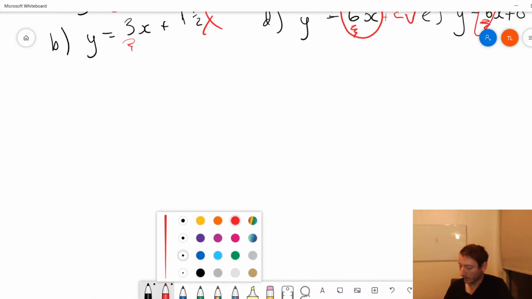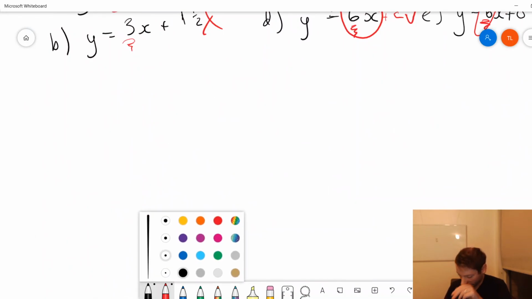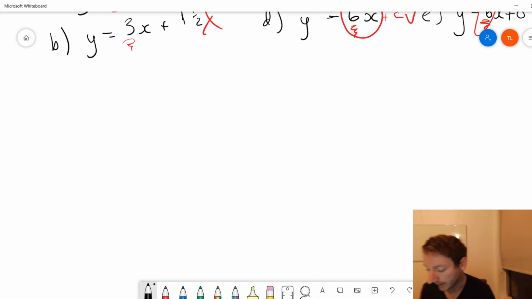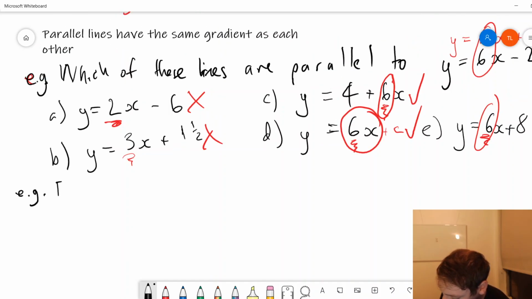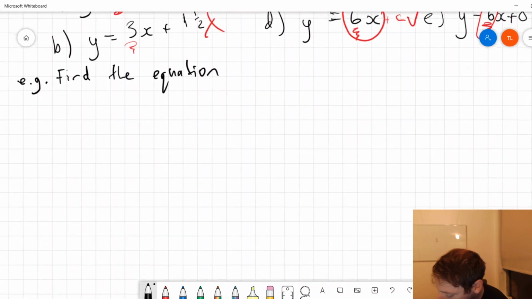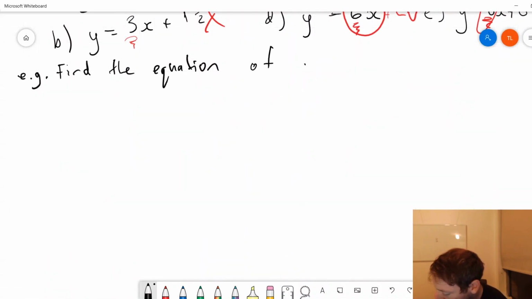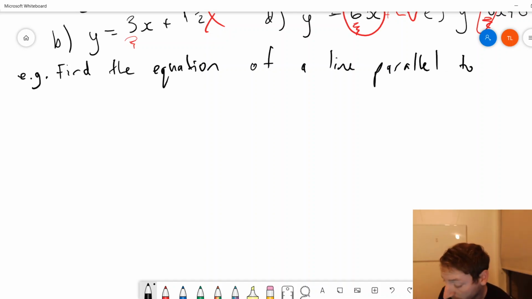Alright, let's look at another kind of example. Let's say, for example, find the equation of a line parallel to, this is going to be pretty tricky, but we've got all the building blocks to do it.